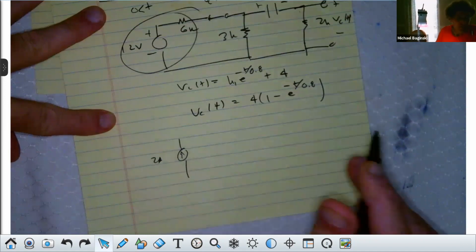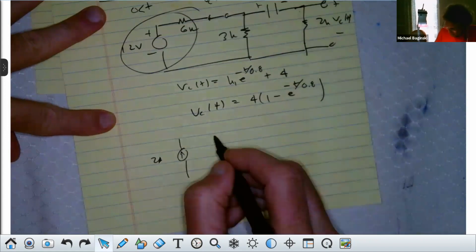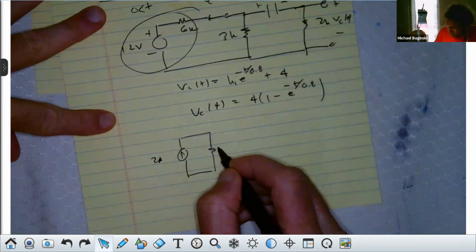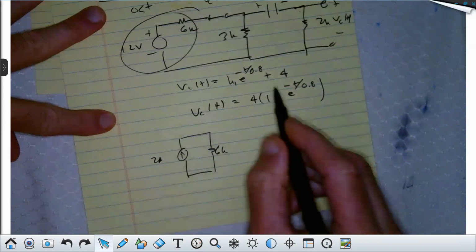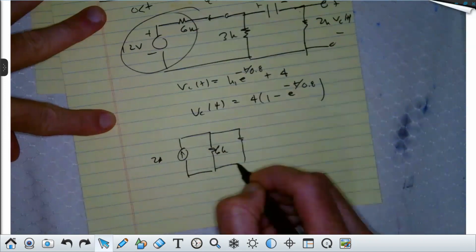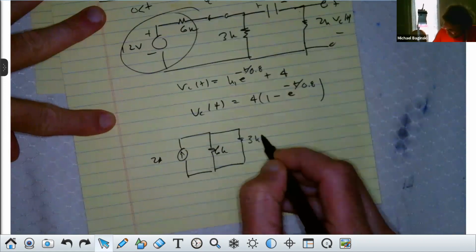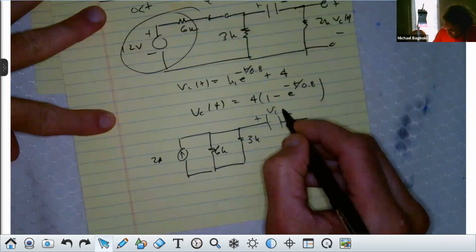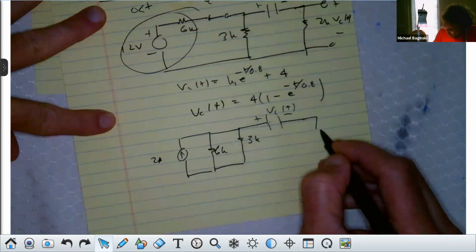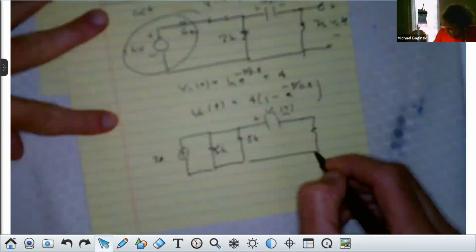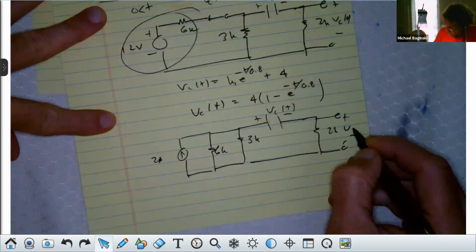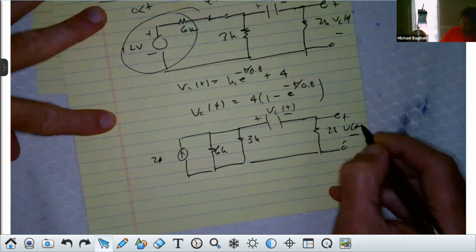You could do it a variety of ways. 2 amps that way. That's in parallel with the 6, right? Yes. And then there's a 3K, correct? Mm-hmm. Here's the VC that you know. And here's your resistance here, 2K, right? And this is where we want the voltage, right? Yes.